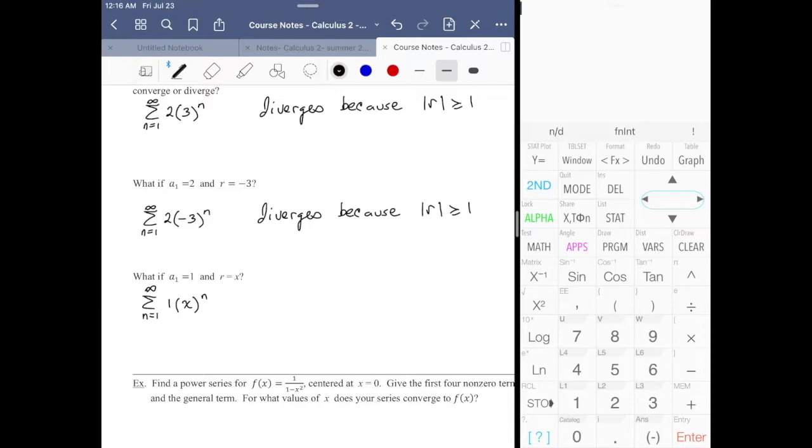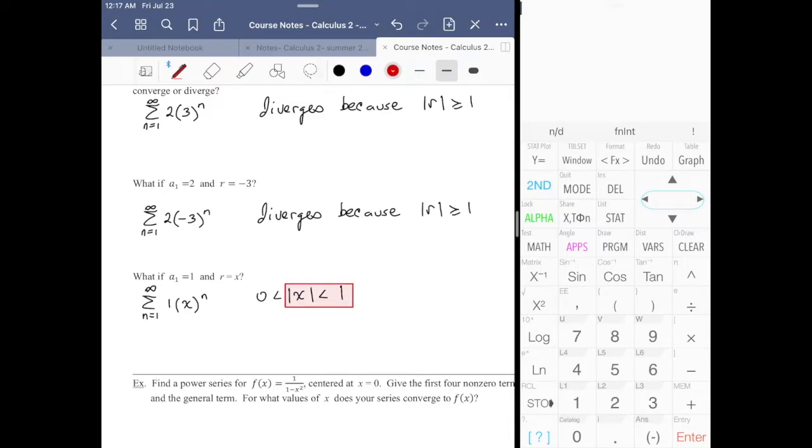The last one, 1 as my a sub 1, x to the nth. Now it's a question of, all right, well, it depends on what x is. So what I would say is that I want the absolute value of x to be greater than 0, but less than 1.